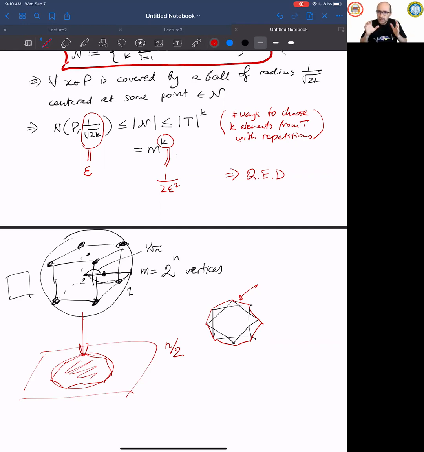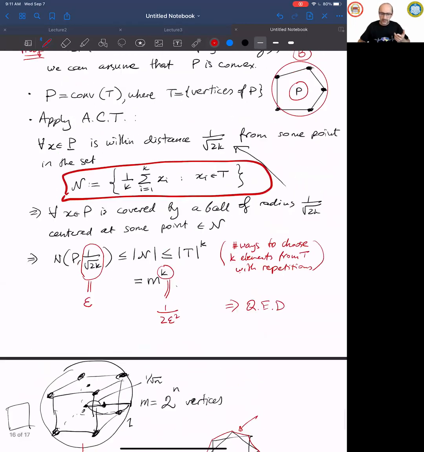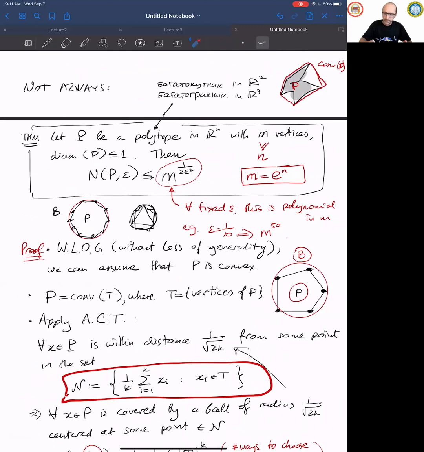So what I'm saying is that the cube itself is almost like the ball. Not immediately, but with some post-processing, either you do 2 cubes or you project it. There is very little needed to make a ball out of a cube. And that is manifested in this theorem too. The cube has exponentially many vertices, and so if you apply it here, you will not see any difference from the ball. It will be the same exponential covering number.